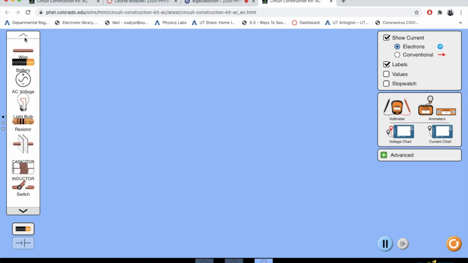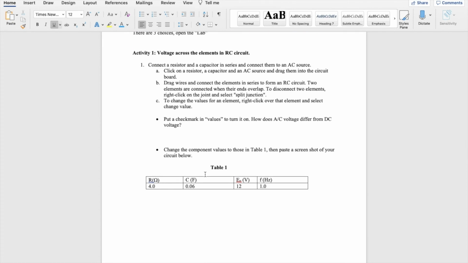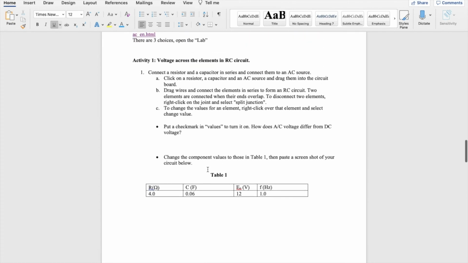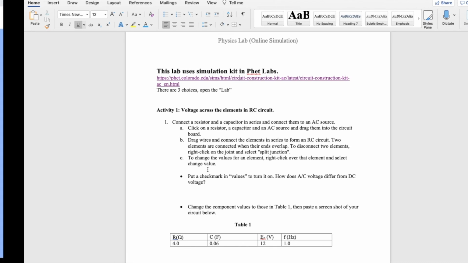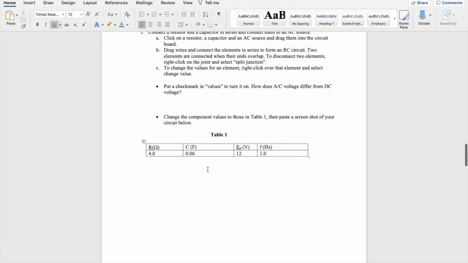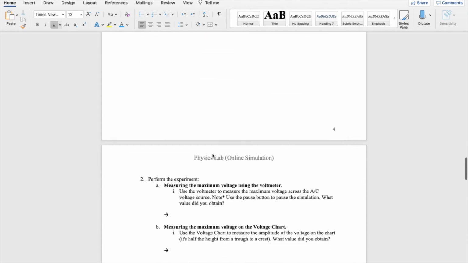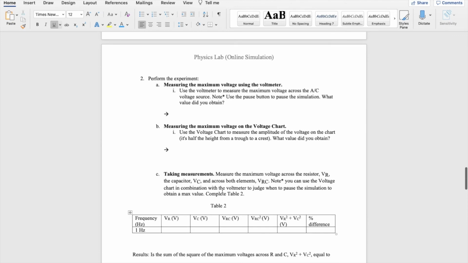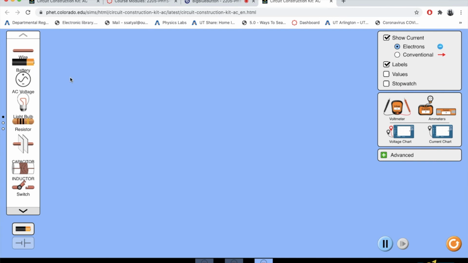The first one is we're building an RC circuit, so put a resistor and capacitor, and give some AC source, and give required values of resistance, capacitance, EMF, and measure all the things that it asks you in the question. So let me walk you through it.